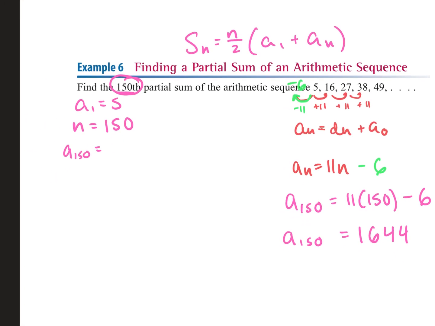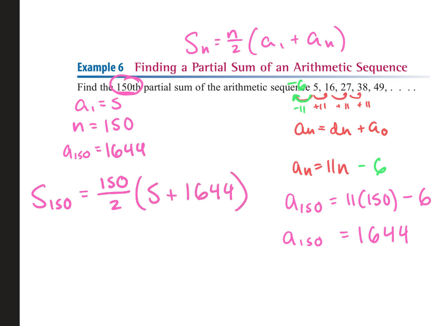So now that I know what a sub 150 is, I plug it in. So my sum of the 150 first terms is equal to, what's n? 150 over 2 times my first term plus the last term. So 75 times 1649.